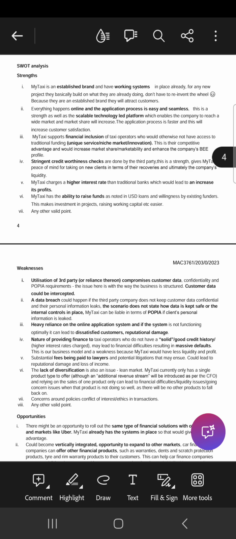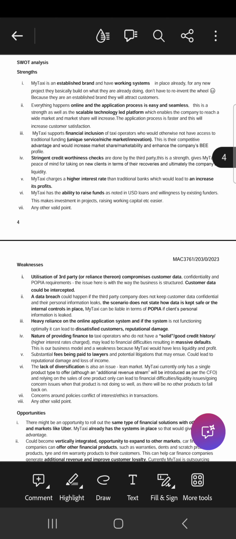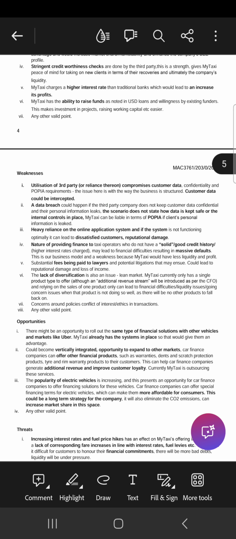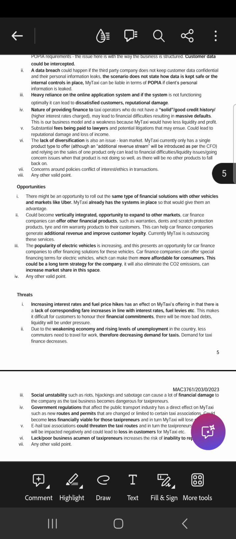Because this suggests that, hello, this is the strength, right? But as you can see, any other valid point, the ability to raise funds, that was fine. We mentioned a lot of these things, and we were literally just going through the paper. Substantial fees being paid to lawyers, that's another weakness, because obviously you don't want to be involved in litigation. It's not the ideal thing.